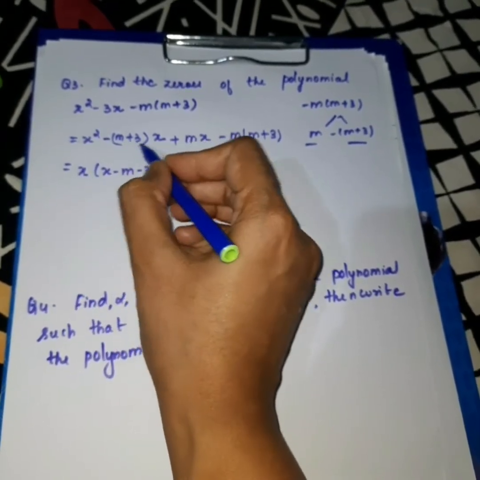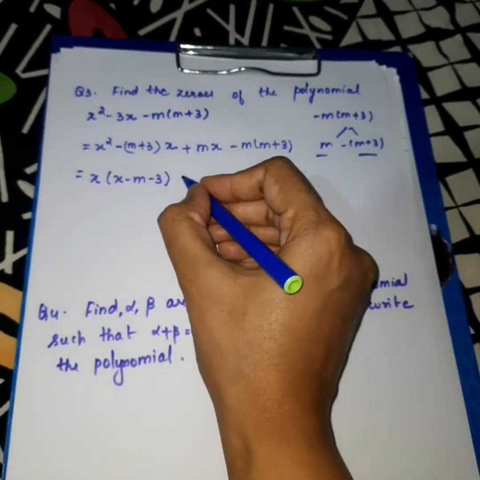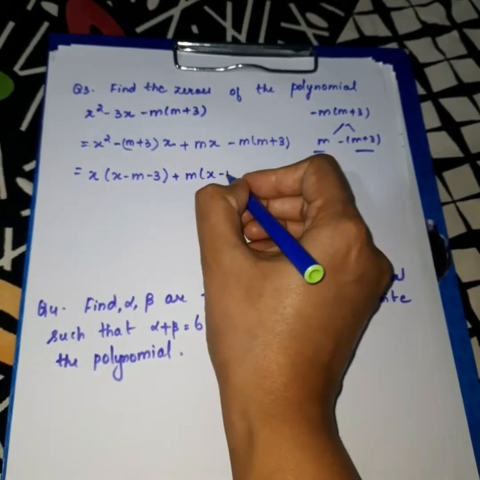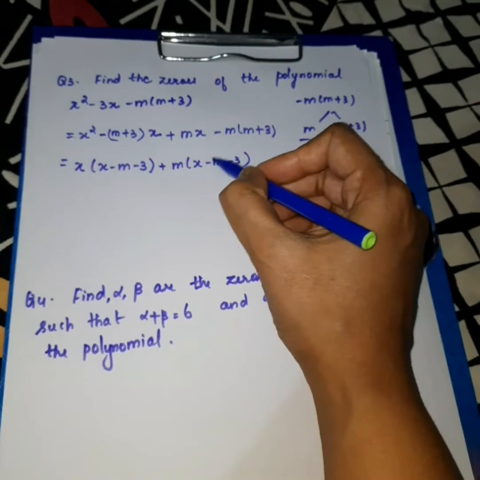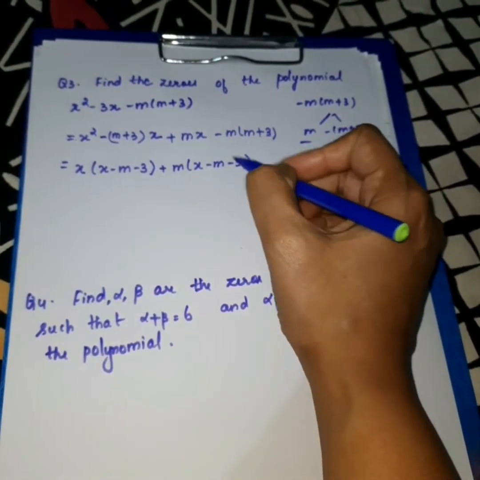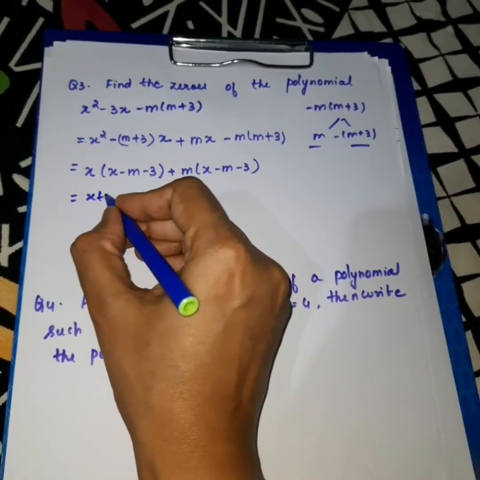By taking x out, we get one factor as x minus m minus 3, and the other factor is plus m into x minus m minus 3. That gives mx, minus m squared minus 3m, just verify after writing.